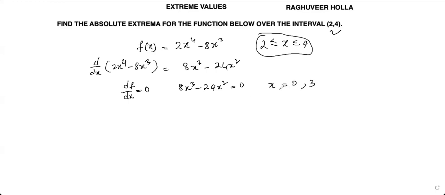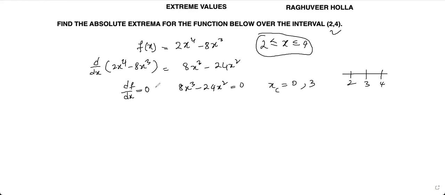Let us put that as xc. Of these, 3 lies between 2 and 4, which is the specified interval.